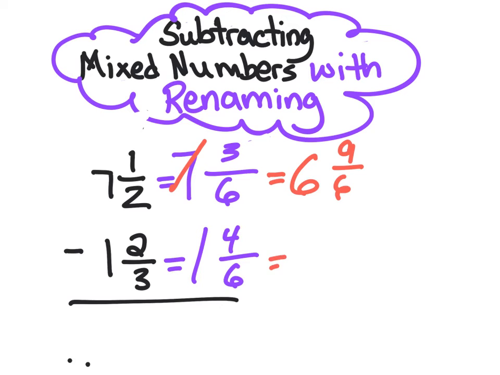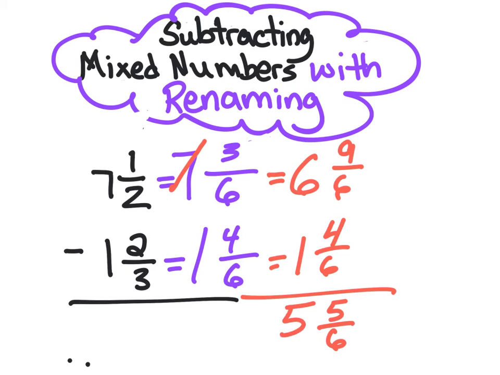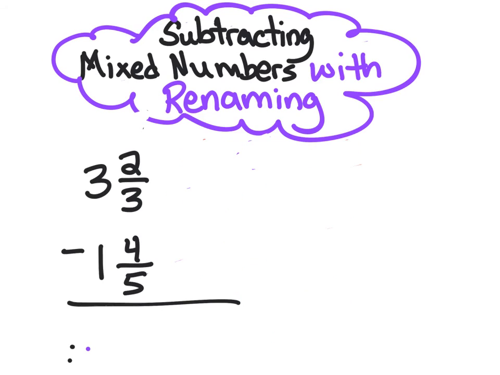Now I can bring over my 1 and 4/6, and I can subtract. 9/6 minus 4/6 is 5/6. And 6 minus 1 is 5. So our final answer to this problem was 5 and 5/6.